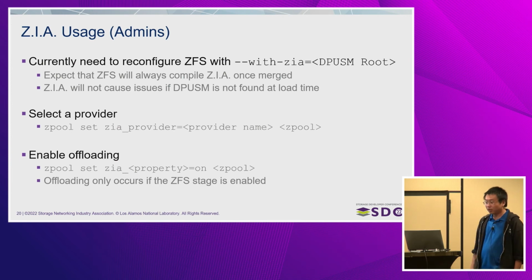For example, for compression, they can simply run zpool set zia compress equals on. Note that this only has any effect if the ZFS operation itself is enabled. For example, you might have enabled compression offloading, but the compression stage itself wasn't turned on. If that's the case, the offloading doesn't do anything since you're not compressing.